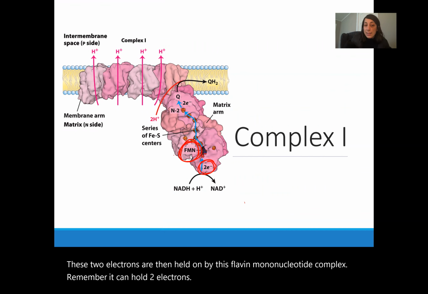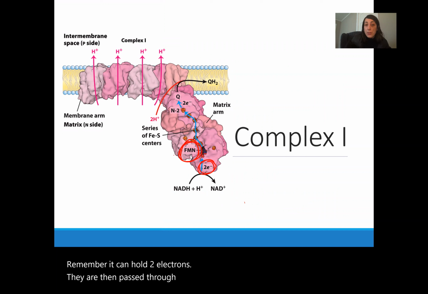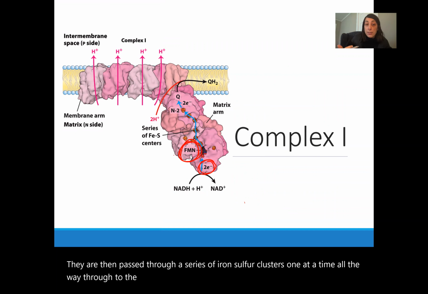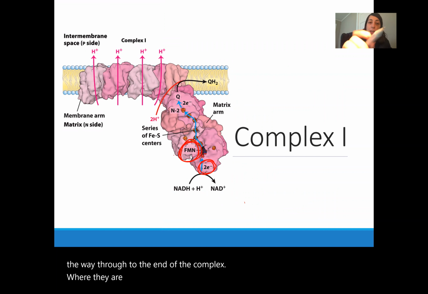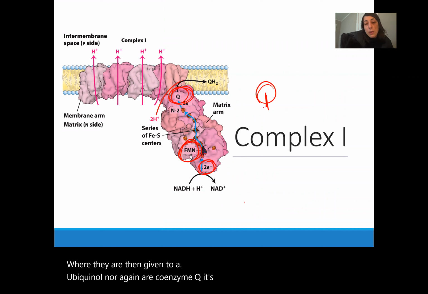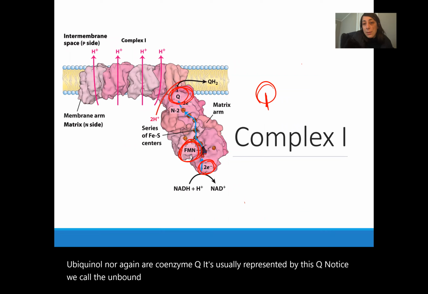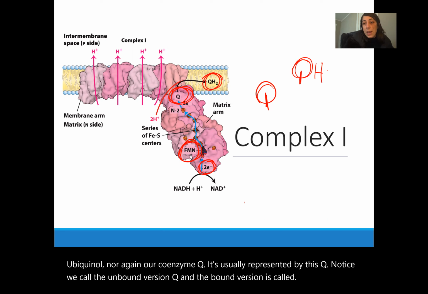They're then passed through a series of iron sulfur clusters, one at a time, all the way through to the end of the complex, where they are then given to a ubiquinone, or again, our coenzyme Q. It's usually represented by this Q. Notice we call the unbound version Q, and the bound version is called QH2.